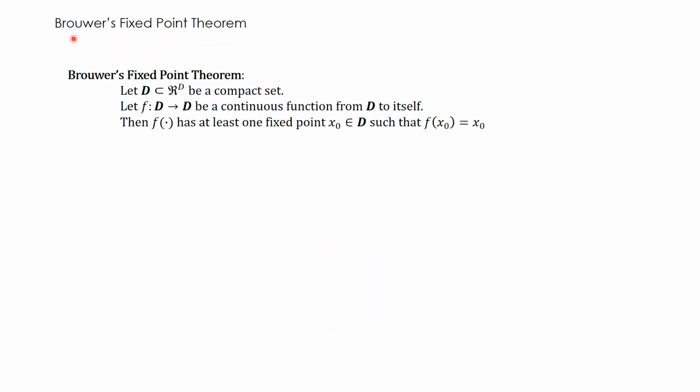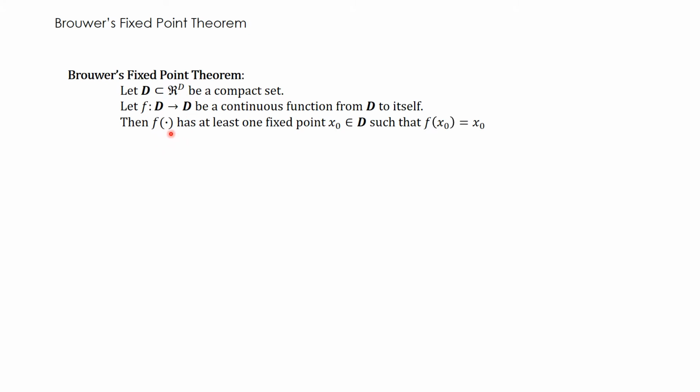Next, we begin with Brouwer's fixed point theorem. Suppose D is a compact set and f is a continuous function that maps D onto itself. It's a continuous function and it maps D onto itself.